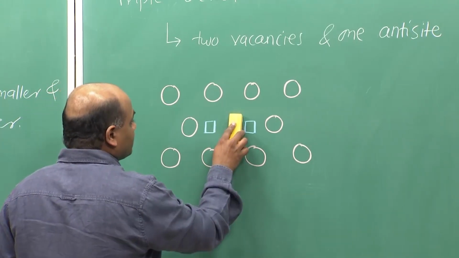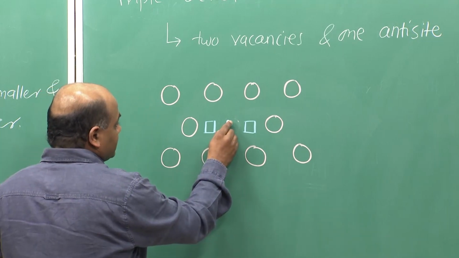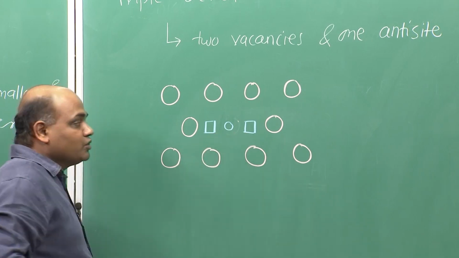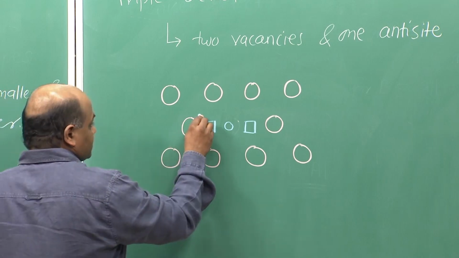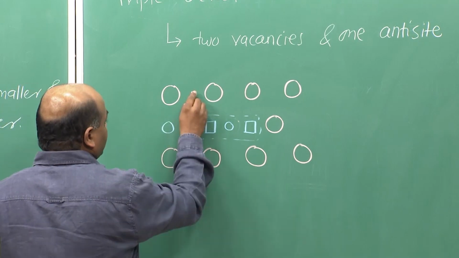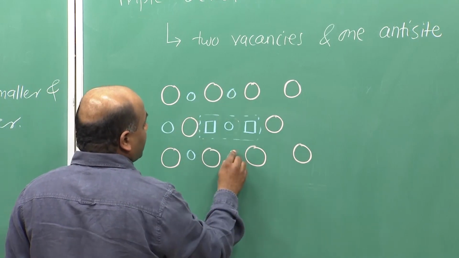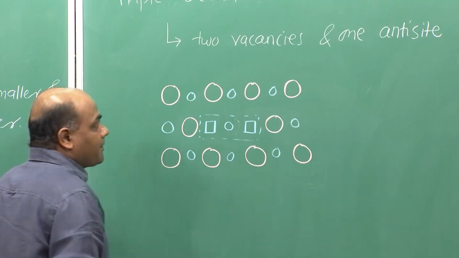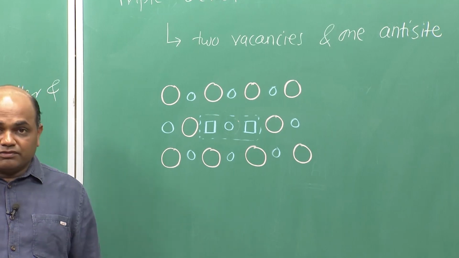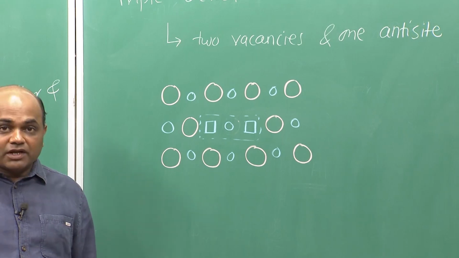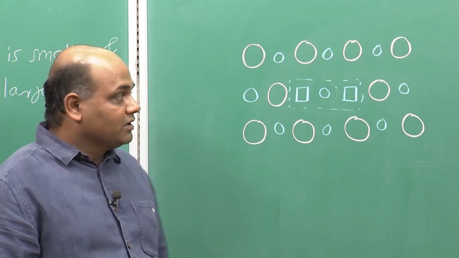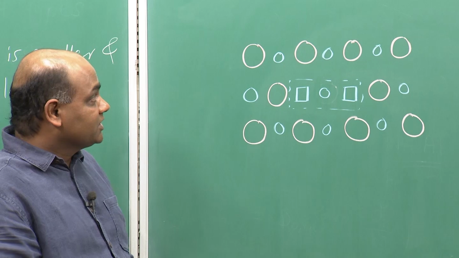So, it is a combination of, for example, here one antisite of A on B sublattice and 2 vacancies on A sublattice. So, this is a triple defect. This is an important defect that can assist in diffusion of A and B, particularly A, because A being smaller forms an anti-site. We will see that later, how it assists the diffusion.